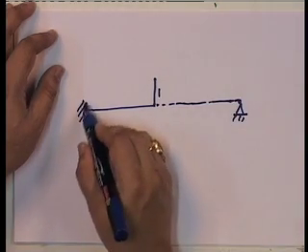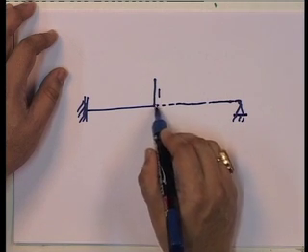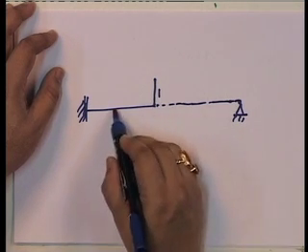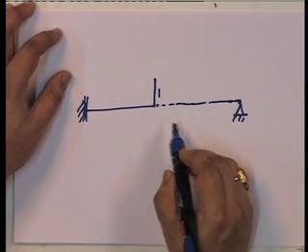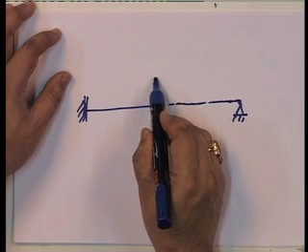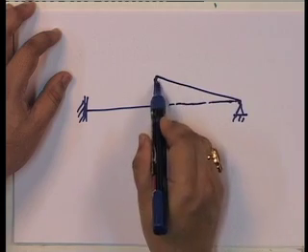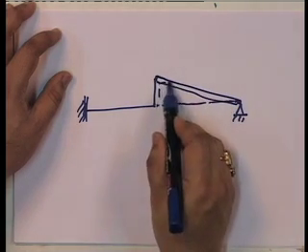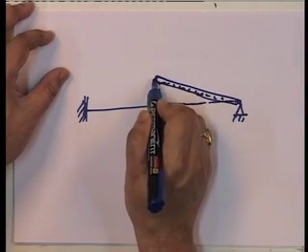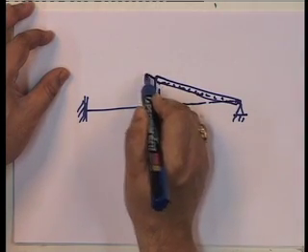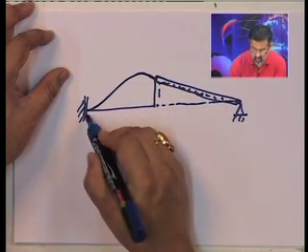This is fixed, and here you have continuity between the two. In other words, this is continuously connected, there is no pin here. If we do not have a pin here, then how does this go? This is a rigid bar, so this rigid bar is going to go straight. Okay. Now, here note that this goes like this and comes like this.